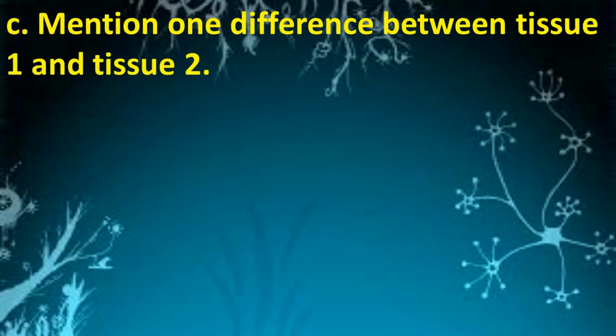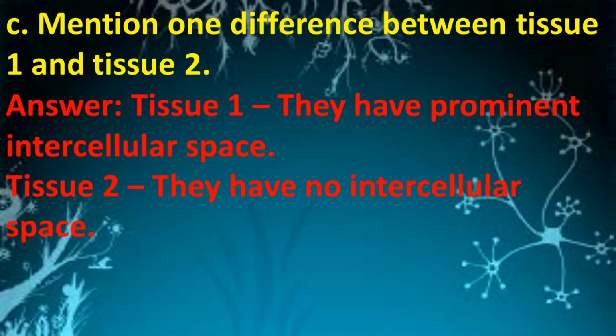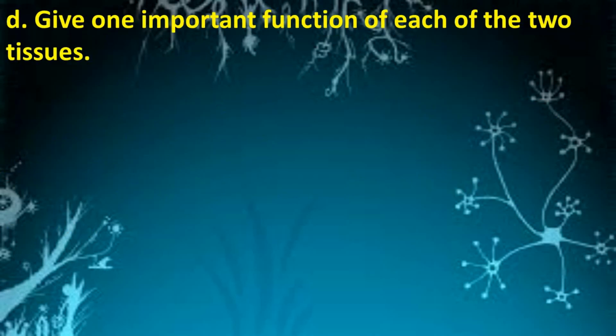Next question. Mention one difference between tissue 1 and tissue 2. Answer is tissue 1. They have prominent intercellular space. Tissue 2. They have no intercellular space. Next question. Give one important function of each of the two tissues.